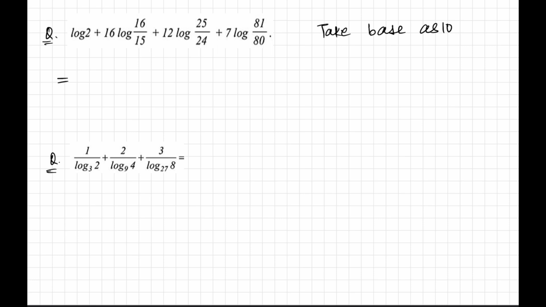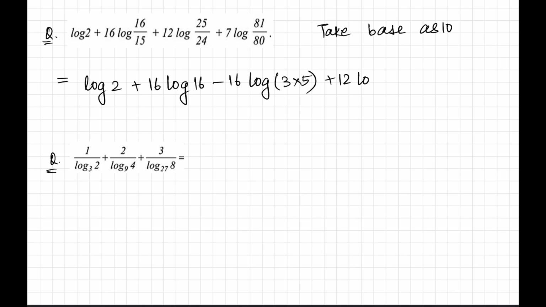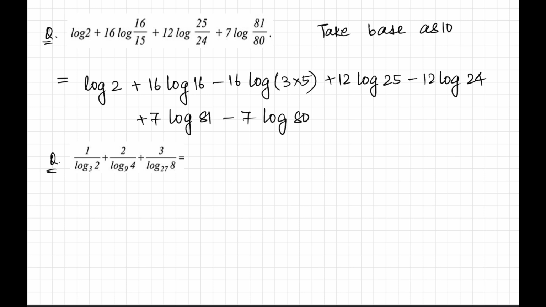तो अगर हम इसको लिखेंगे, so first term is log 2. The second term can be written as 16 log 16 minus 16 log 15. And 15 can be written as 3 into 5, plus 12 log 25 minus 12 log 24, and we have plus 7 log 81 minus 7 log 80. तो ये हमारा स्टेप नंबर 1 हो गया.